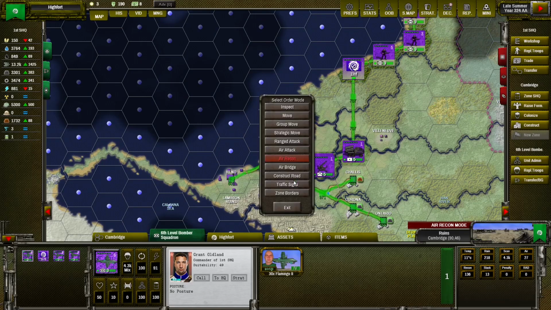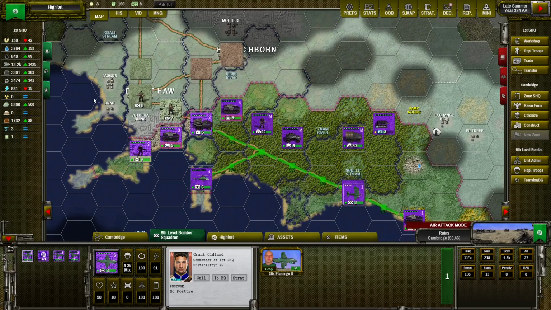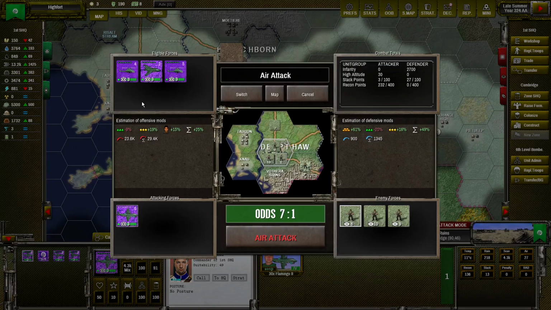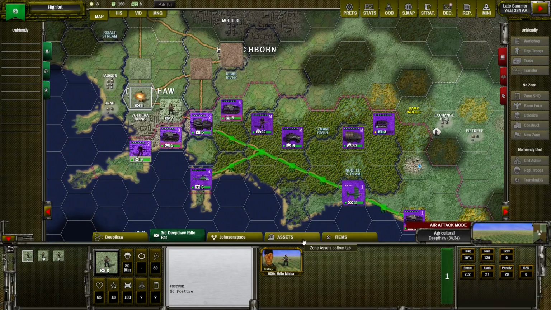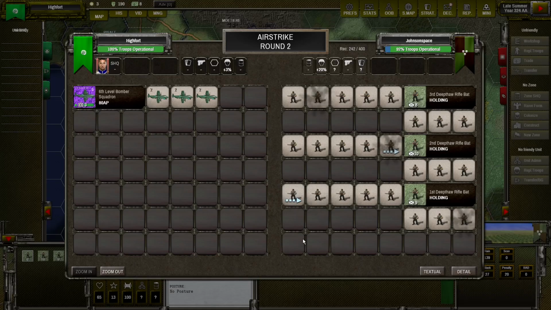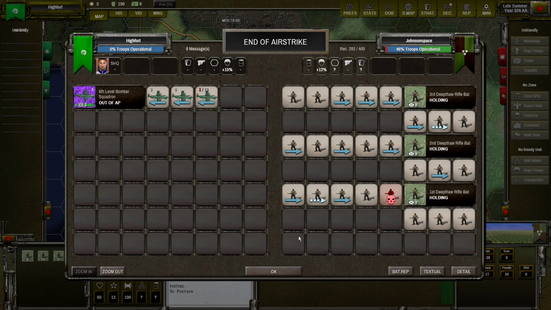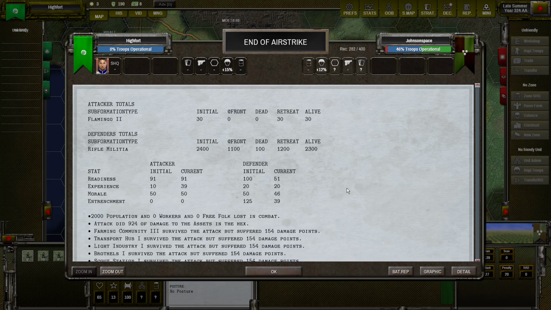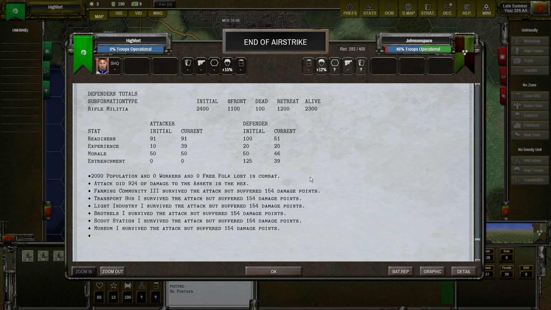And now we can use our level bomber, this time air attack. They are in our range. Target the city and drop the bombs. Bombs away. Returning to base, sir. So maybe not many losses in their army, but you can see here that we also added 924 damage to the assets in this hex.